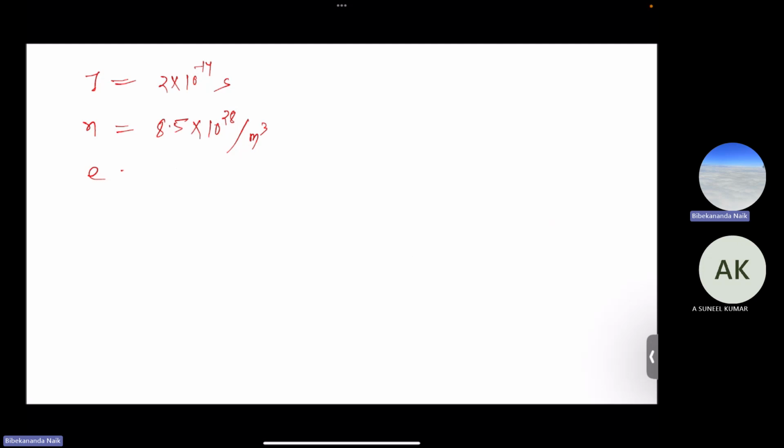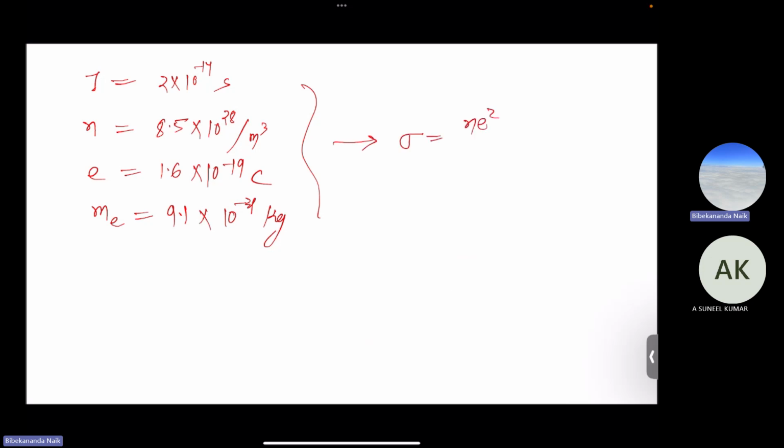Then e we know is 1.6 × 10^-19 coulomb, and the mass of electron we know is 9.1 × 10^-31 kg. So if you put all these values in the equation σ = ne²τ/m, then you can calculate the conductivity. So please put these values and tell me what will be the correct option.